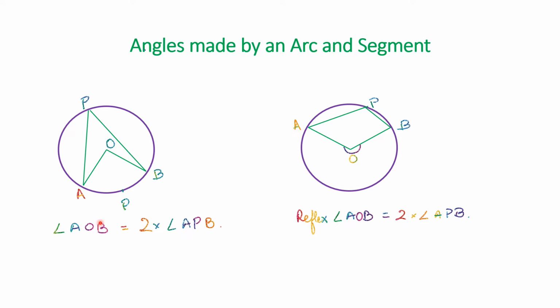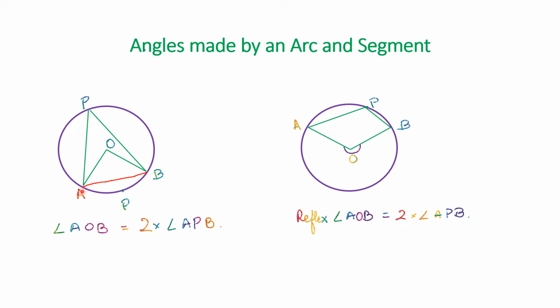Angles made by an arc and segment. So look at the arc APB. The endpoints are A and B. Now if I join AB, you will get a chord AB.